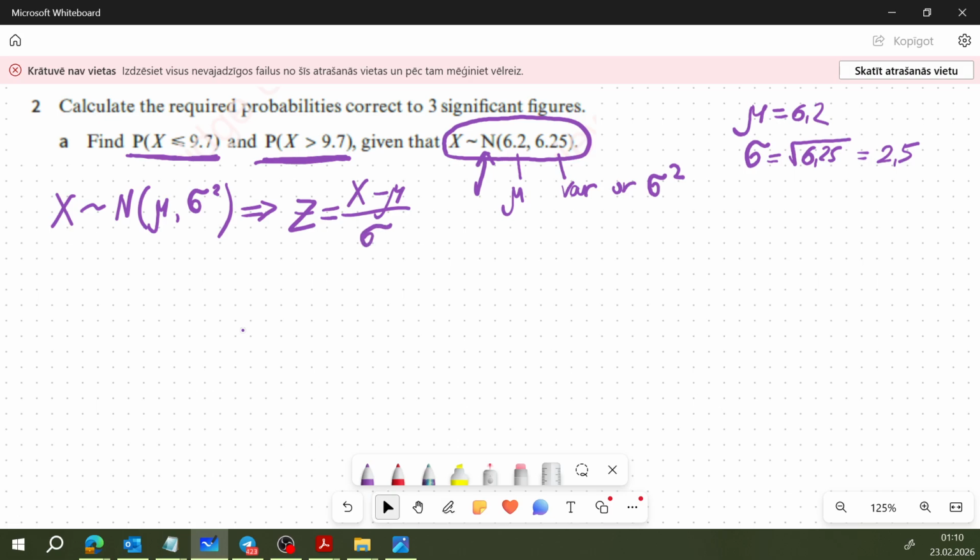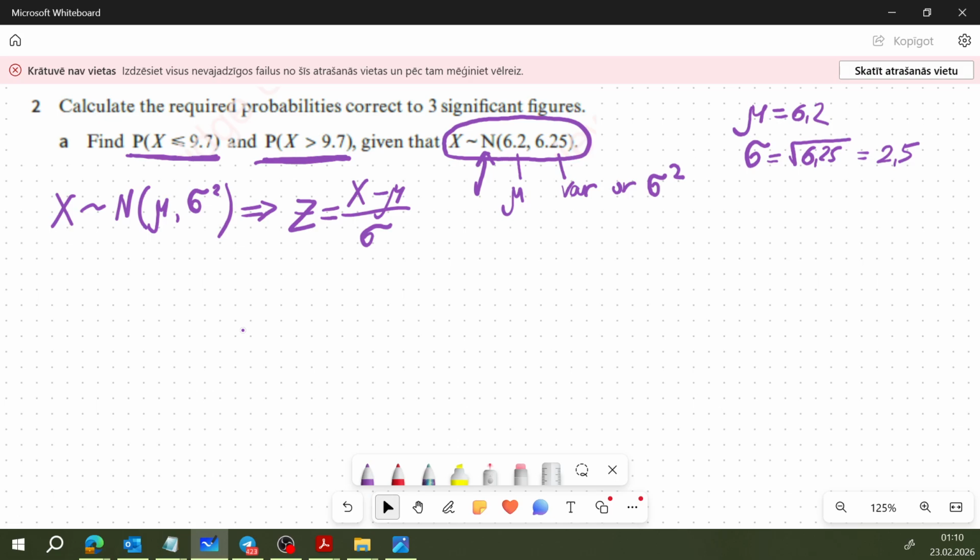And this is a standard normal distribution. The standardized value tells us how many standard deviations X is from the mean. So basically we can calculate the standardized value.